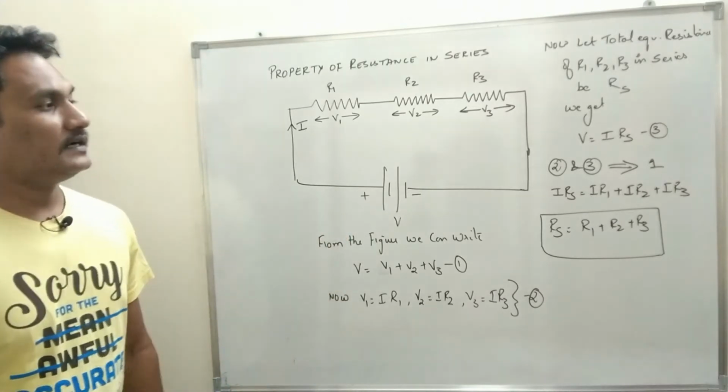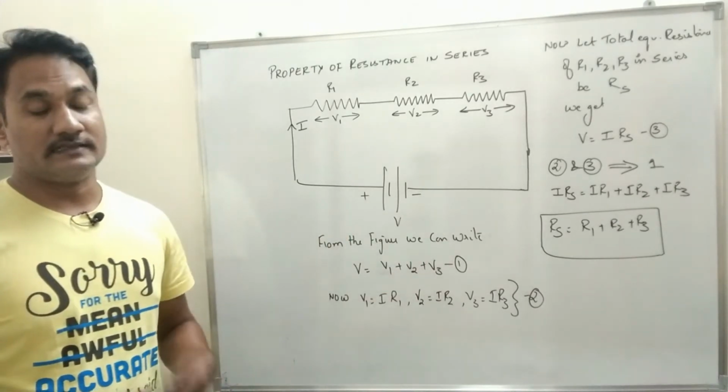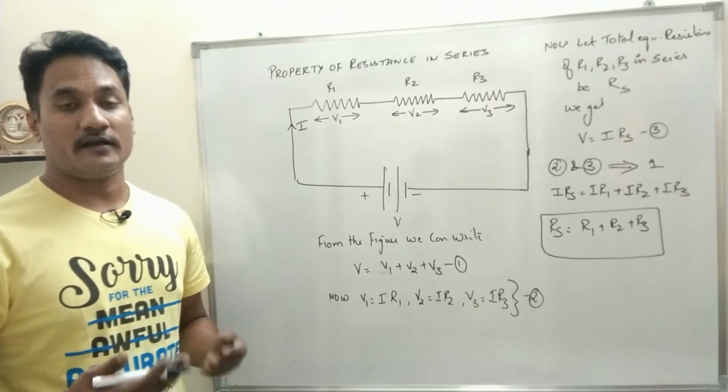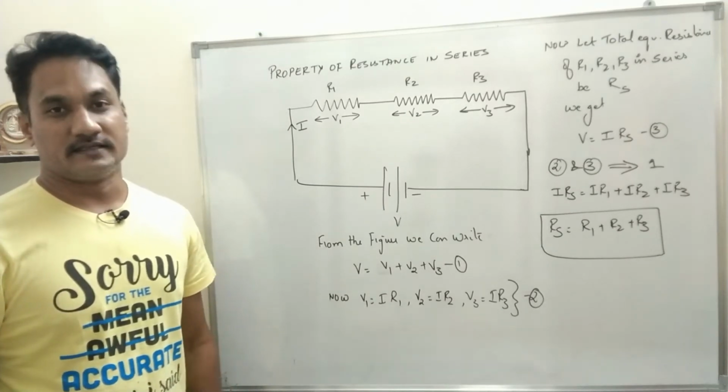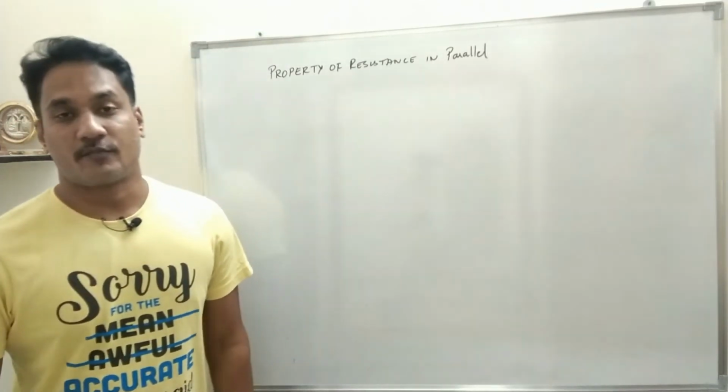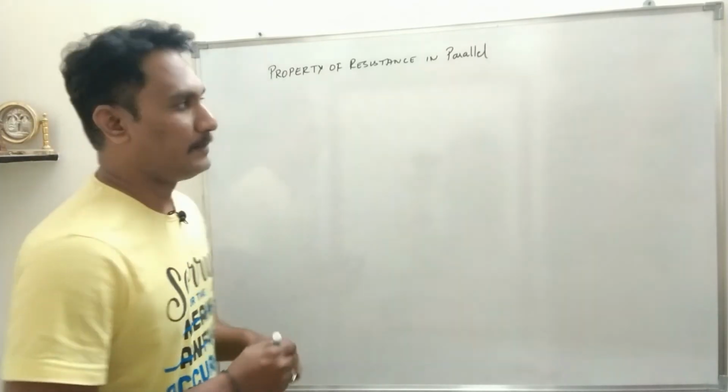This is the derivation to prove that when the resistances are connected in series, they keep on adding up with each other. Next, let us try to understand the property of resistance in parallel.